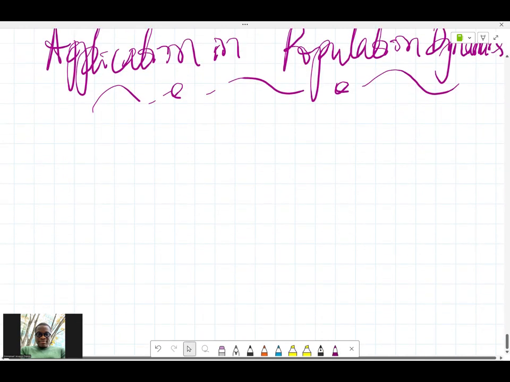All right. So here we're looking at stability in the Lotka-Volterra predator-prey model.